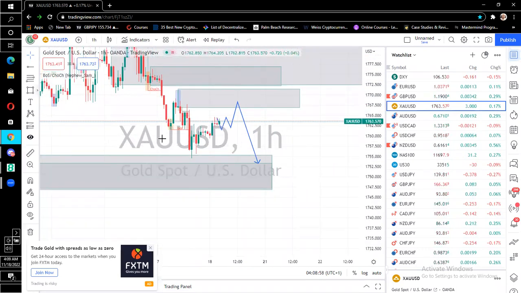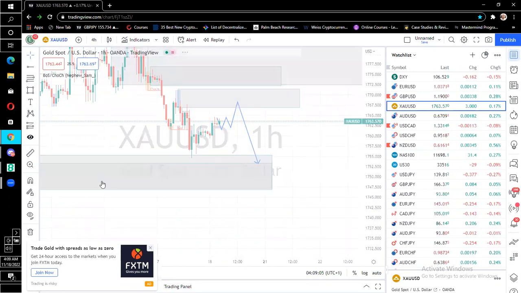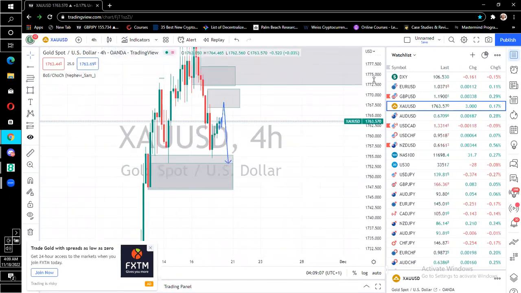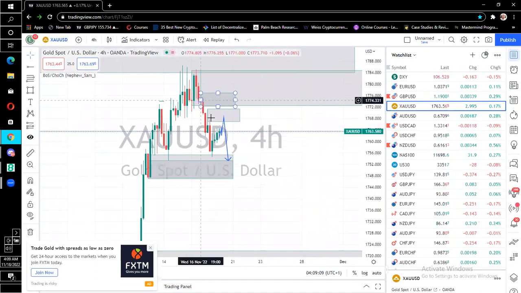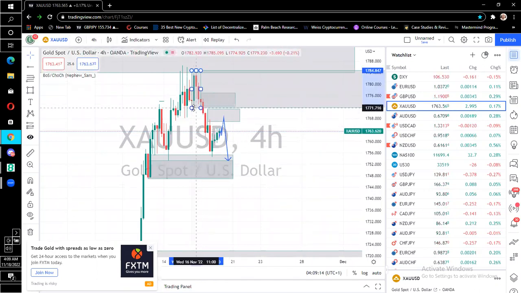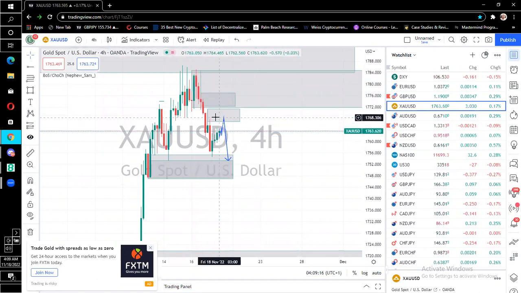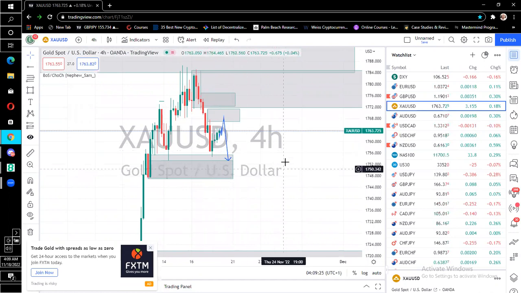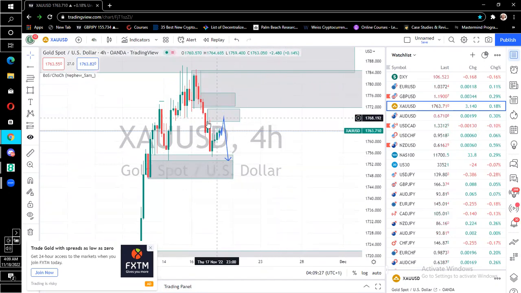Then the second bias, I'm talking about in a short time. Now, if you go to a higher time frame like 4 hours, of course, we know we'll have a structural break there. Now we have all this fair value gap has been filled up, tapped into this and come down here.